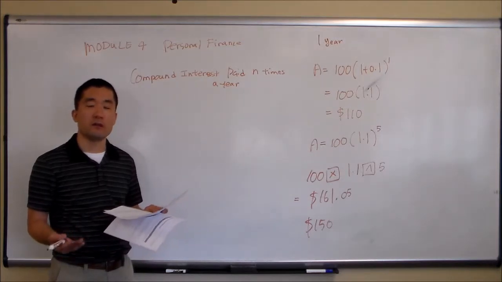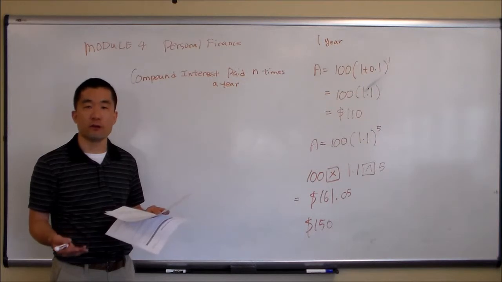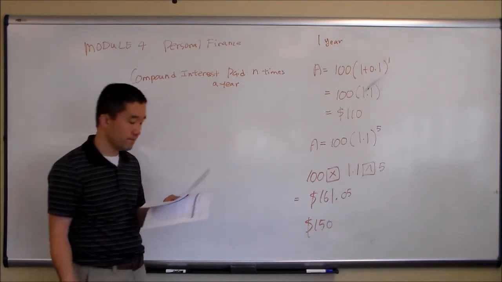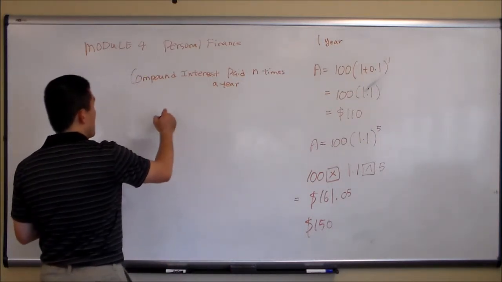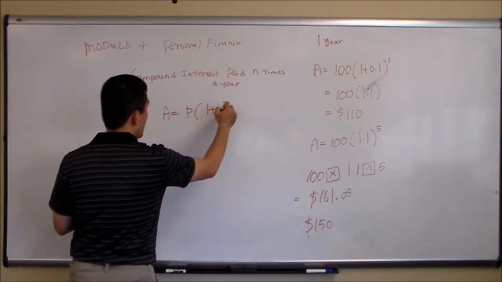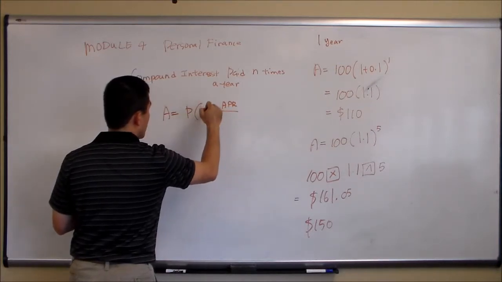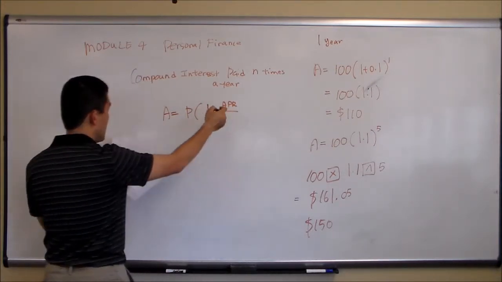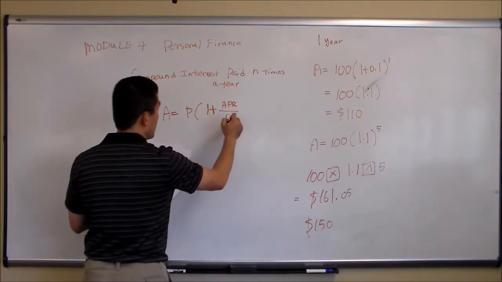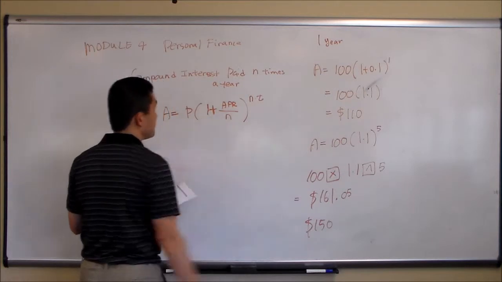So if you're accumulating interest at a different time frame, year, month, or quarter, you need a different formula. And the formula for that is one plus APR divided by n, raised to n times t.